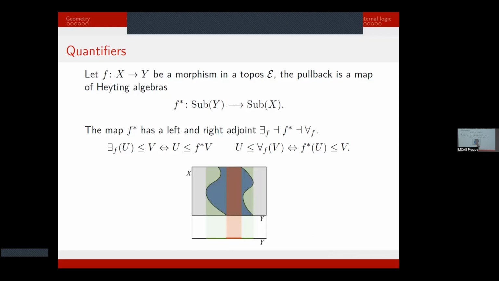If I take a bit more, I get a piece of gray. Again, why is it called for all? Because it's the set of points here such that for all x's in here, the point (x, y) belongs to the blue space. So this is why they're called exists and for all. And we'll use this property precisely as a way to interpret these two logical symbols in our theory.